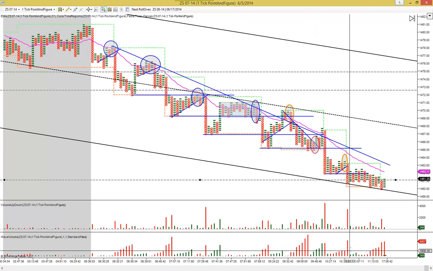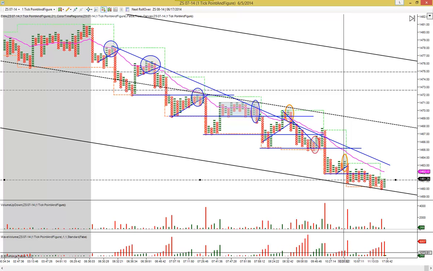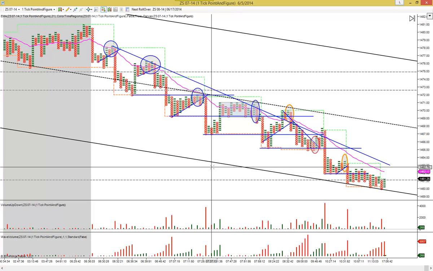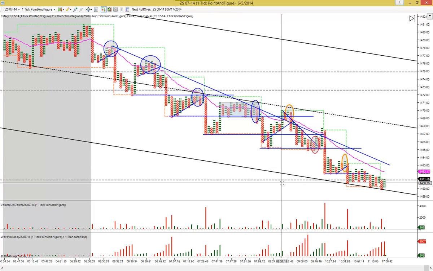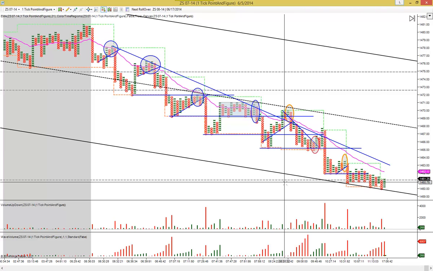So I'm really enjoying the point and figure, especially now that I found that this volume histogram works well with point and figure. And I think I'm gonna give it another week and then probably try and go live if my results stay relatively consistent.